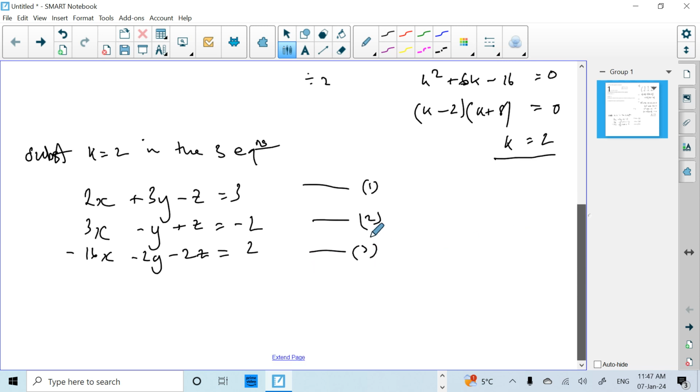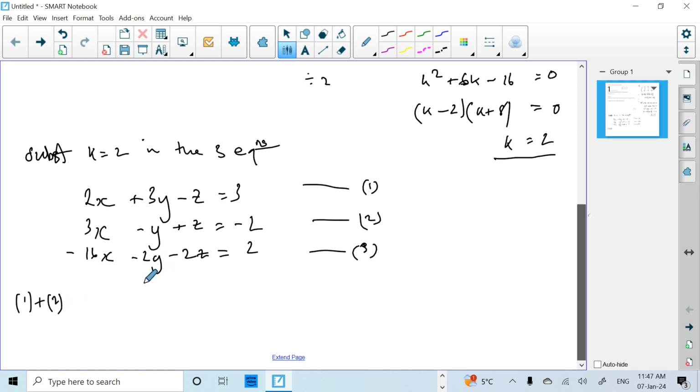Now I'm going to almost solve simultaneously. I'm going to add 1 plus 2, and the idea is if I get something which is consistent, that should be enough.